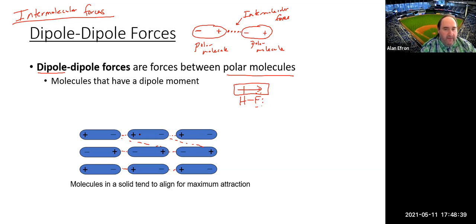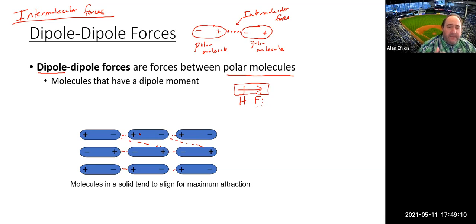They move a little bit and arrange themselves so that they maximize the positive side of one molecule being next to the negative side of another. And obviously they also try to minimize it; no matter what you do, you're going to end up with some negatives near negatives and some positive sides near positive sides, but they adjust enough to minimize that the best they can.